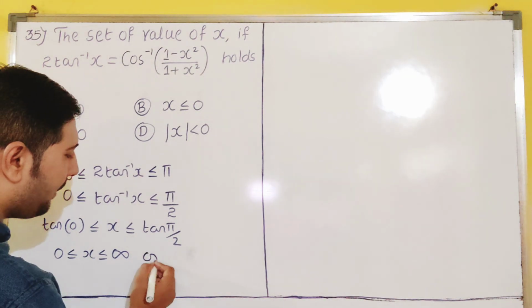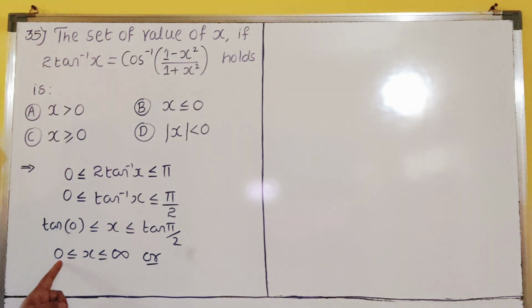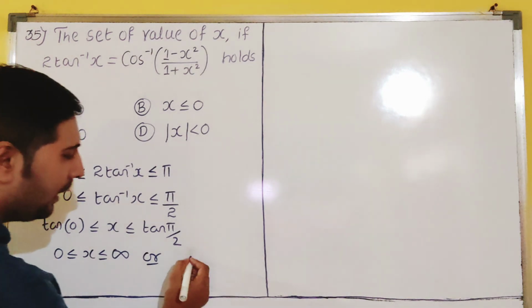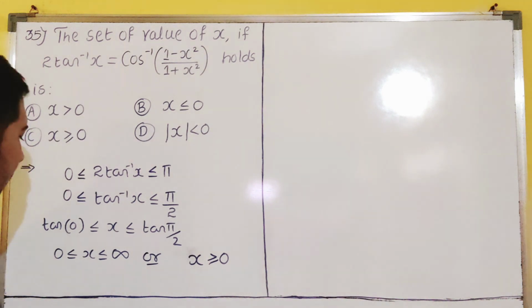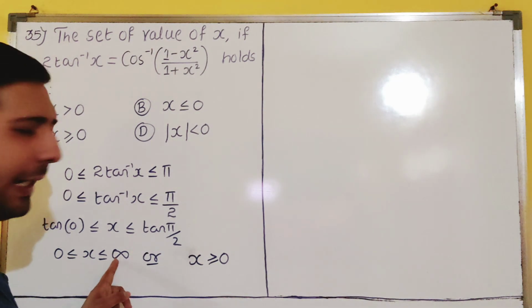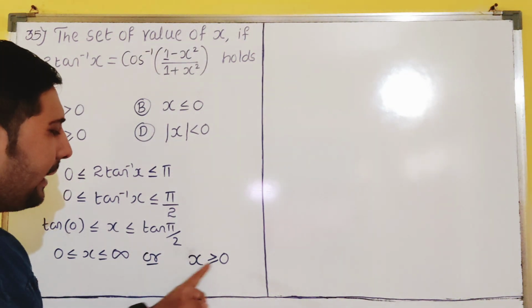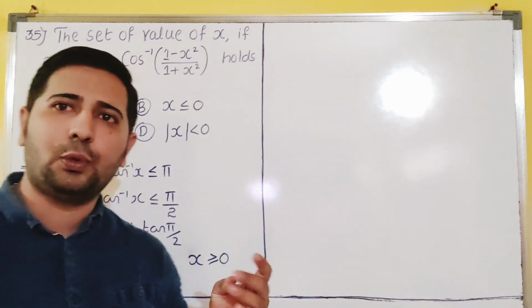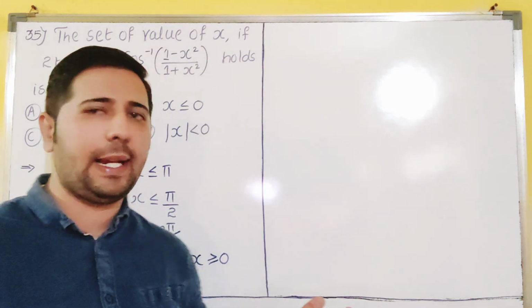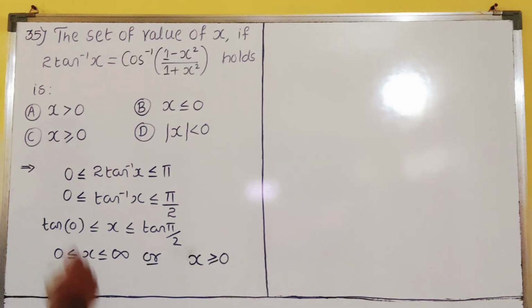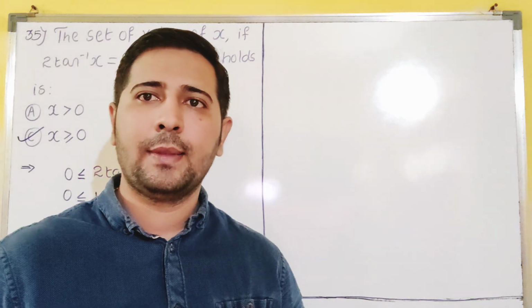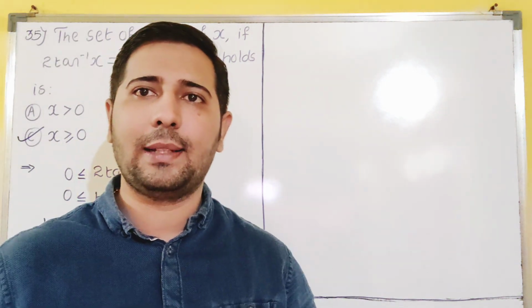So this can also be written like this: x is greater than or equal to 0. Up to infinite it is, here also x is greater than 0 means 1, 2, 3 and so on up to infinite. Both say the same meaning. Our option matches with C, dear students. C is the correct answer. Fine. So please copy this. We will see the next question.